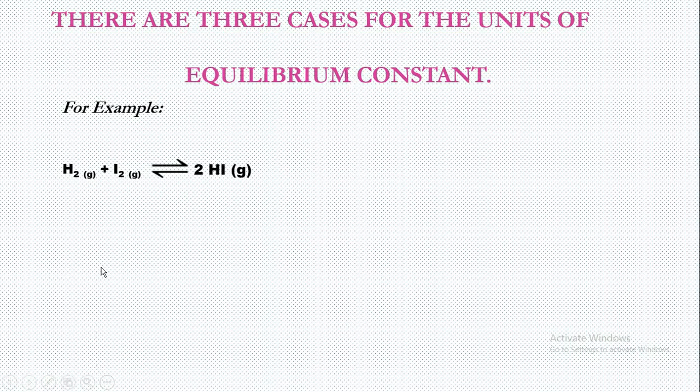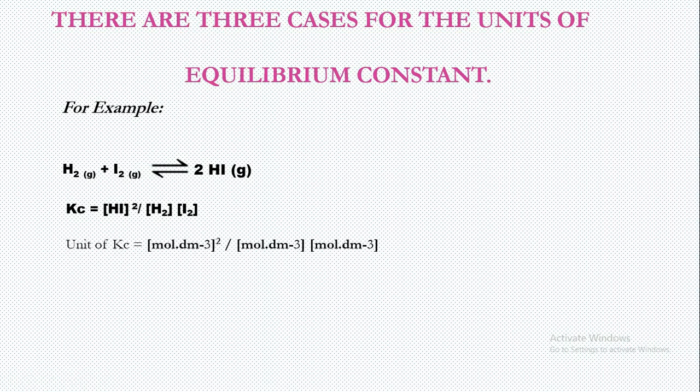In this reaction, we have reactant hydrogen and iodine which are 1 mole each, whereas the product hydrogen iodide is 2 mole. So we can write Kc for this reaction as the product hydrogen iodide, which is kept at numerator, 2 moles of hydrogen iodide divided by 1 mole of hydrogen and 1 mole of iodine.